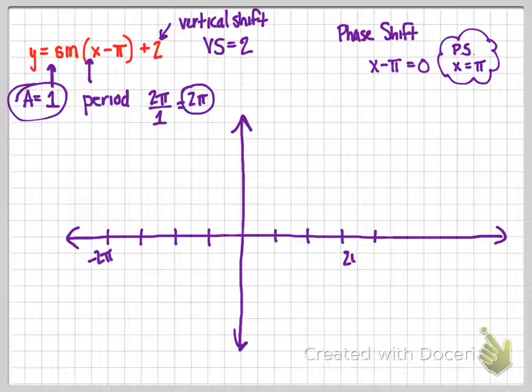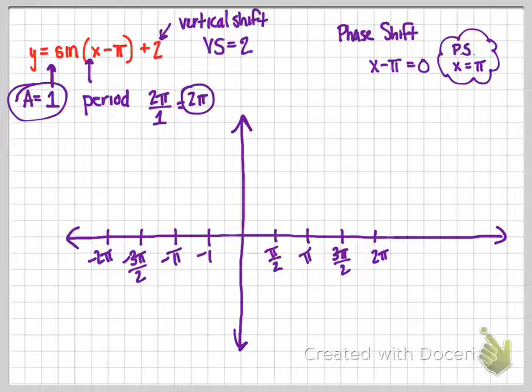Whoops, that shouldn't be there. It should be 1 over. I apologize. 2 pi. Half of that is pi, half of that is pi over 2. 3/4 of pi over 2 is 3 pi over 2. Okay, and then in the other direction, we just mimic all of that same language, or symbols, numbers.